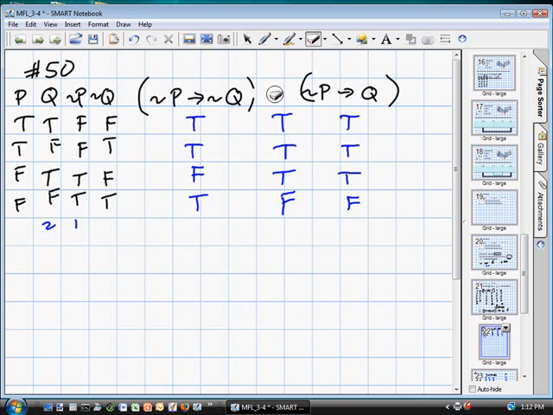So we only have one thing left to try. I don't normally like to do this, but so I don't have to write it all over again, now we're trying to do the implication in the backwards order. Can you think in reverse here? If true, then true. If true, then true. If true, then false. Did we get a tautology?